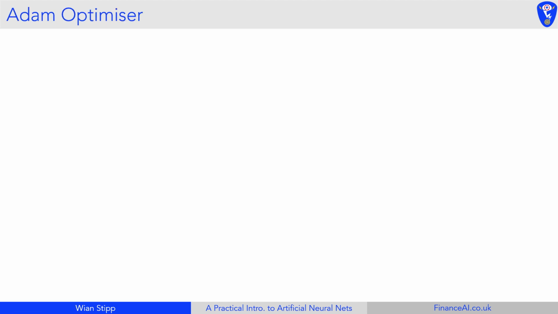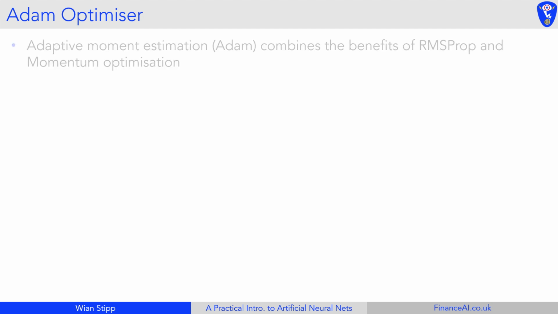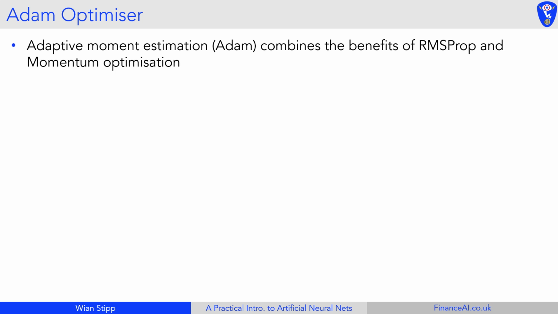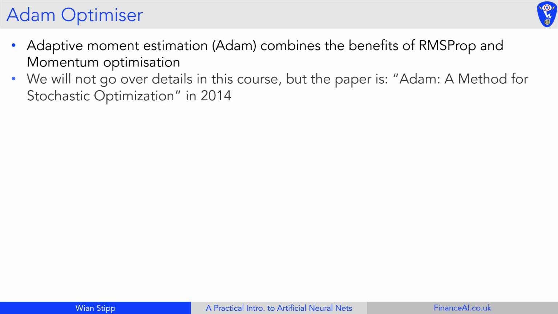Okay, now, not finally, actually penultimately, we're going to talk about Adam. Adam stands for Adaptive Moment Estimation. If you read the paper, then you'll know why it's called Adaptive Moment Estimation. It actually combines the benefits of RMSprop and momentum optimization. So this is the paper if you're interested.